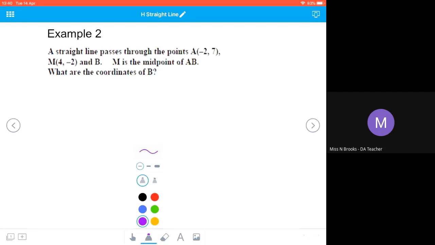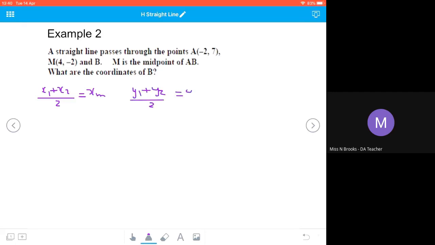So if we think about it, to work out the x coordinate of the midpoint, we've got x1 plus x2 over 2 equals the x coordinate of our midpoint, and we know that y1 plus y2 divided by 2 is going to give us the y coordinate of our midpoint.